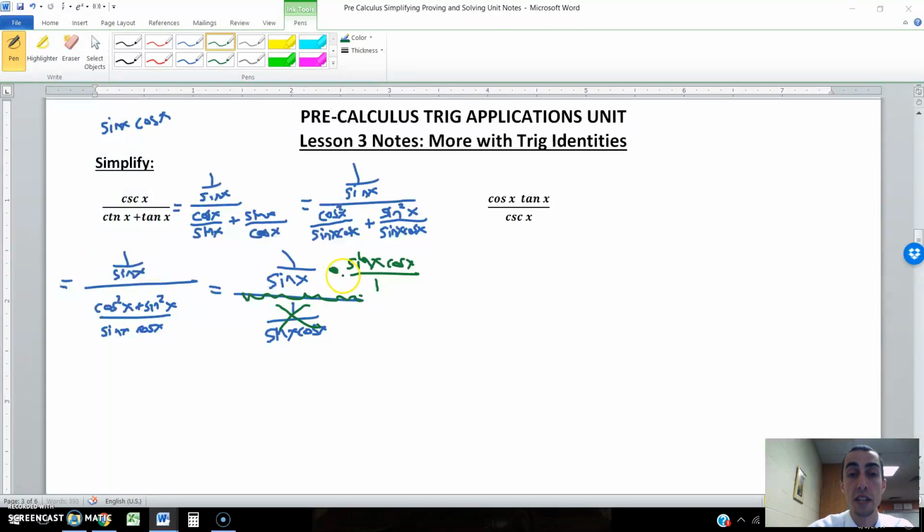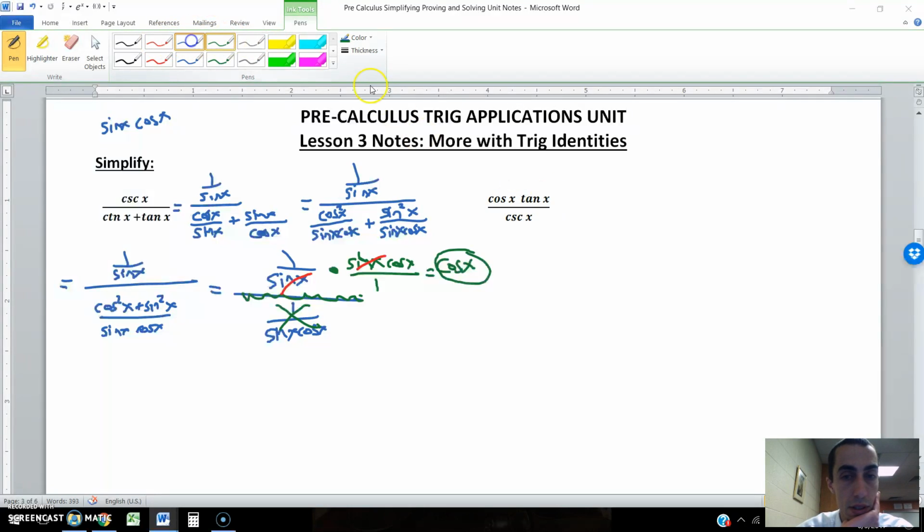And multiply these two fractions together. Common factors on top and bottom cancel each other out. And that equals cosine of x on top, 1 on the bottom. Cosine of x divided by 1 is cosine of x. So that one is simplified.